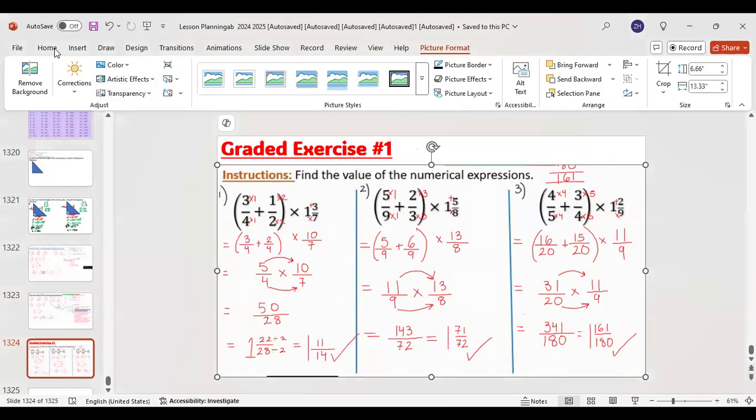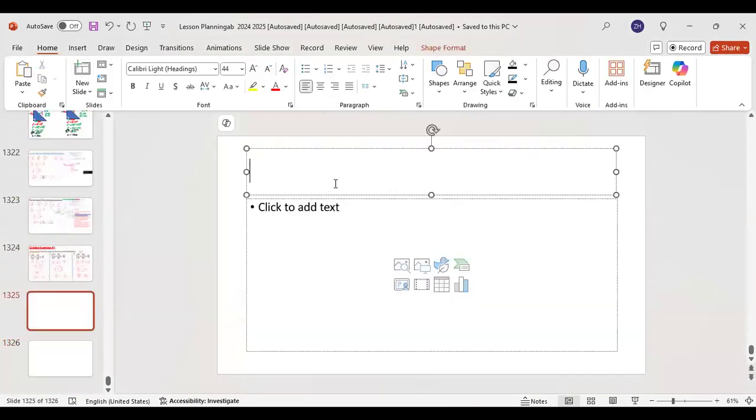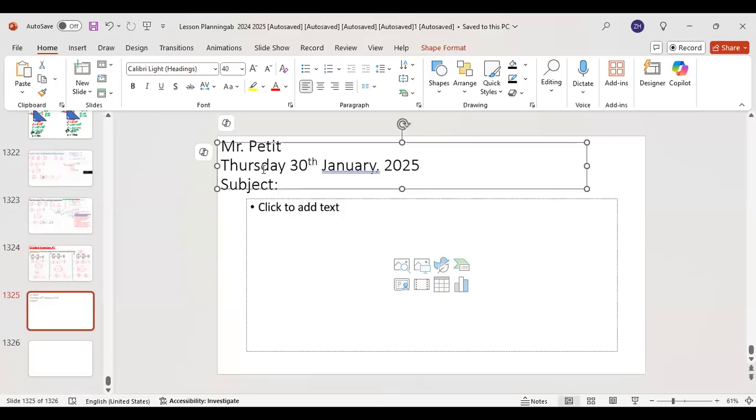All right, let's go ahead and go to social studies. So today is what? Thursday the 30th of January. Would you believe that next Monday we would be in a new month? My sister's birthday is tomorrow. Yes, someone has two birthdays on the 31st.